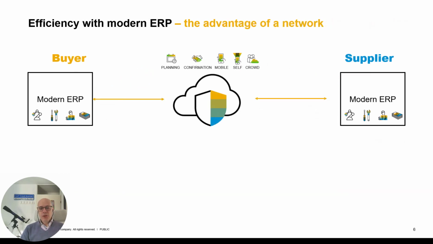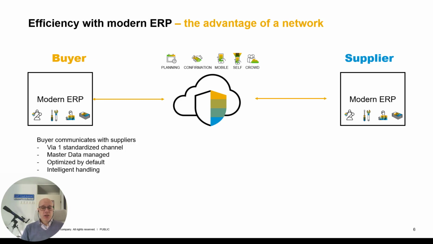So a better approach would be that instead of having multiple connections on both sides, which would mean a spaghetti landscape, you connect your modern ERP, S/4HANA Cloud, once to the Ariba network. That means that for a buyer, you now communicate with the supplier only through one standardized channel, where you can manage this communication using master data much better, and therefore optimize things.